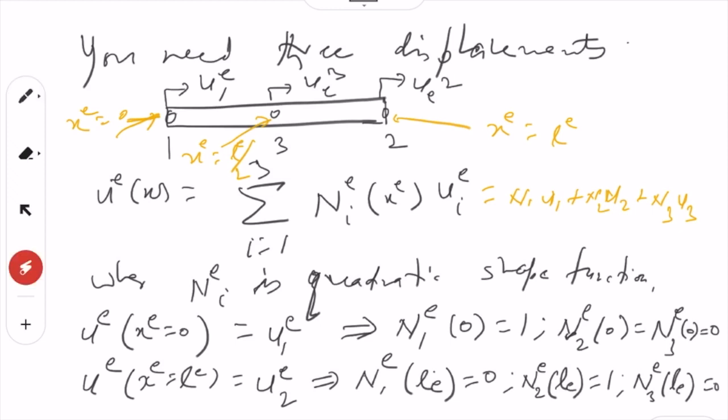What we are doing is taking the test function as shape function n1 multiplied by displacement, n2 multiplied by displacement here, n3 multiplied by displacement here.